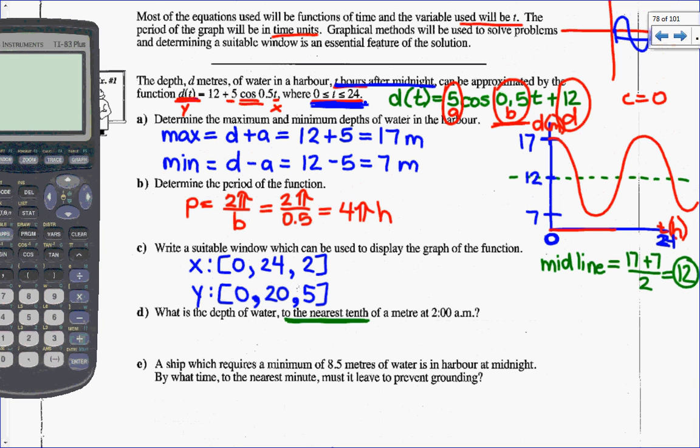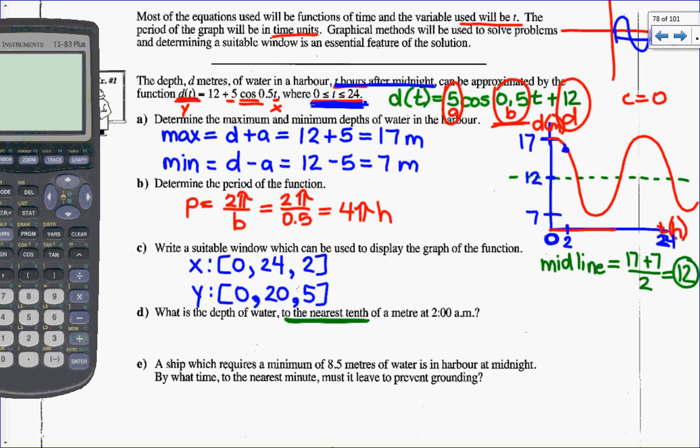So 2 o'clock in the morning would be 2 hours after midnight. So in other words, right about here. So what it's asking you is, what's the depth of water when your x value, your time, is 2? What's this point here on the graph when your x is 2? What's your y? How do you calculate that?